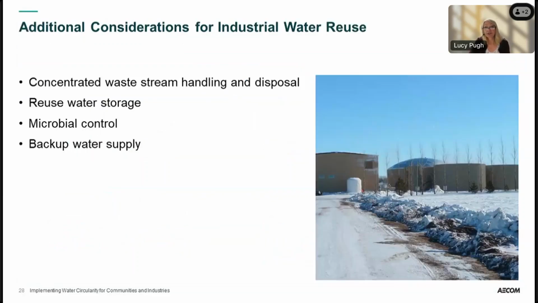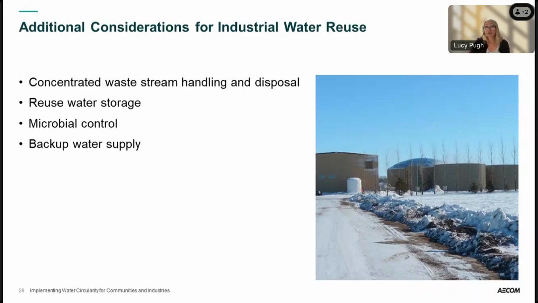Some additional considerations are the concentrated waste stream handling. VJ talked about this, the reject from an RO process. That can represent a very major cost for any reuse project. So that is a consideration. A lot of times the reuse treatment facility capacity, or I should say the daily production rate, doesn't necessarily match the water reuse requirements of the industry.